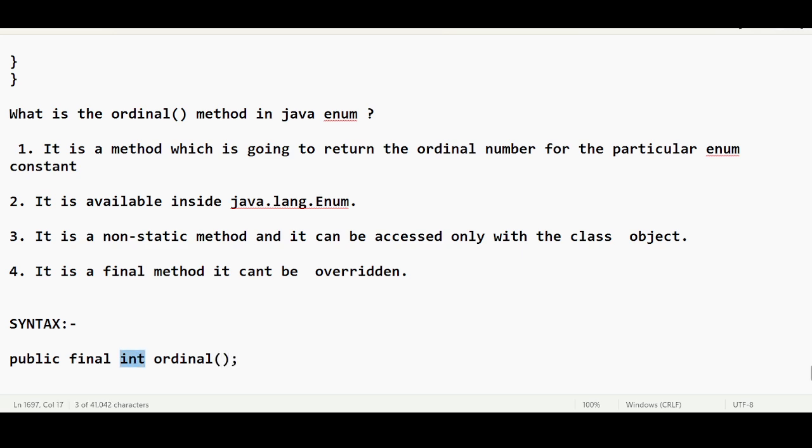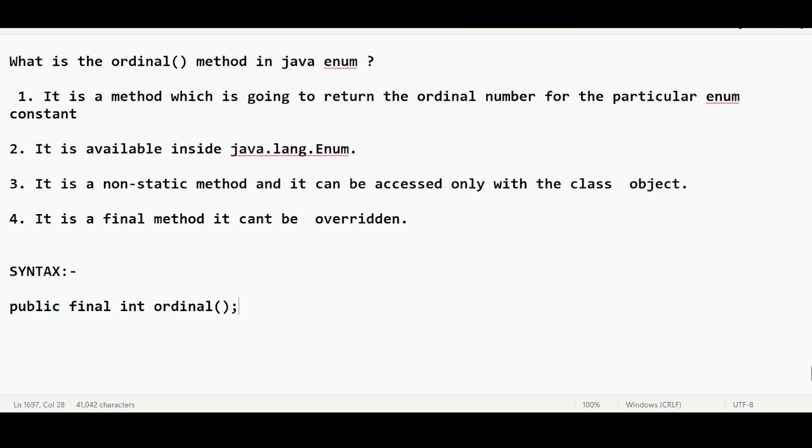The return type is int. It is a final method and of public type. So the moment you call this method, it is going to return the ordinal number of the enum constant.